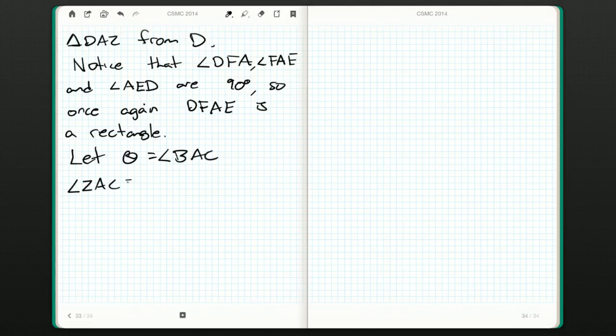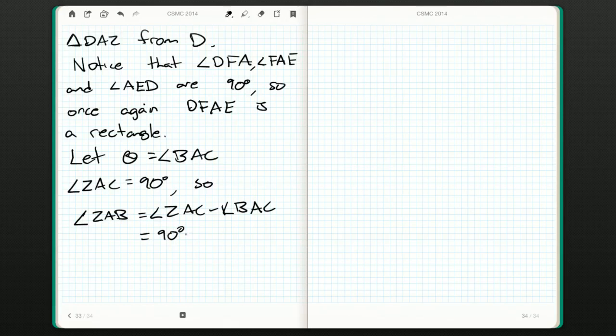Angle ZAC is 90 degrees. So angle ZAB equals angle ZAC minus angle BAC. So we get 90 minus theta. Okay.